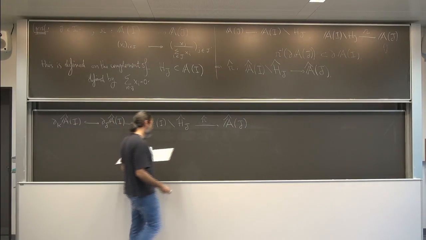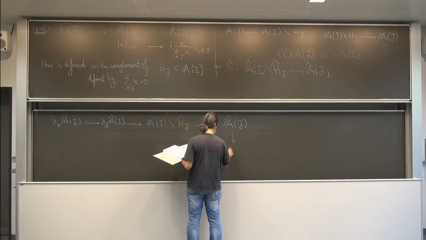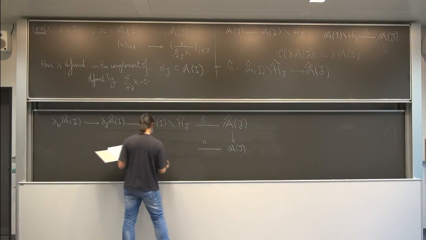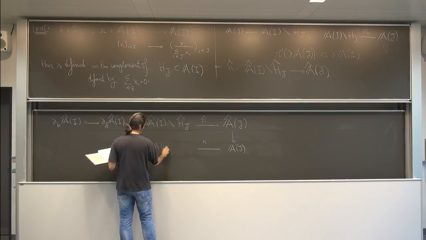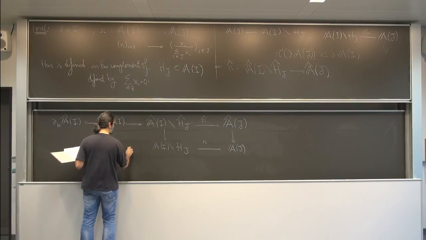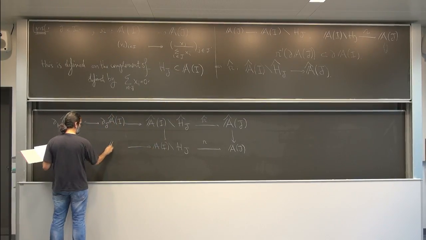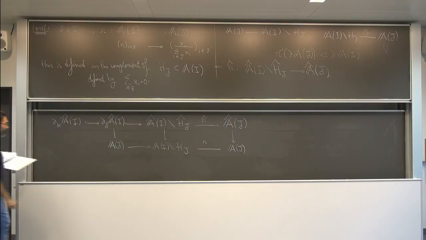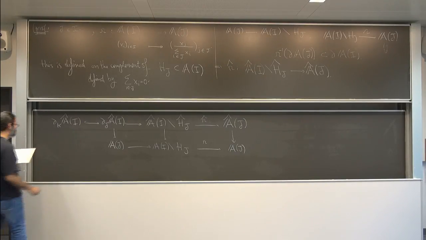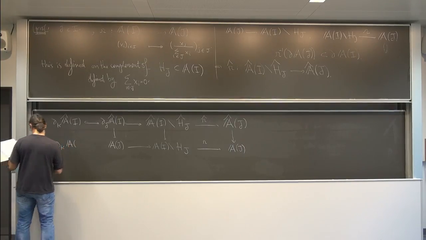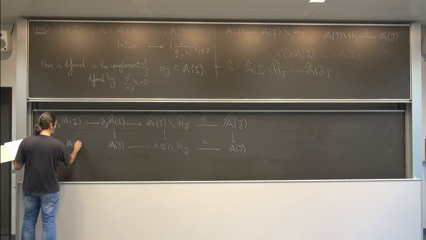Now there is this obvious projection to AG. This is R. So here we have E minus HG, and we have partial K, AG.